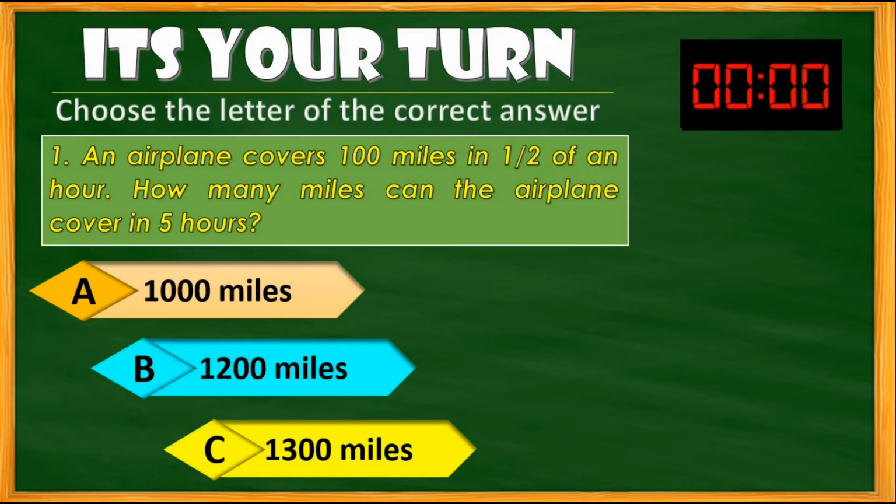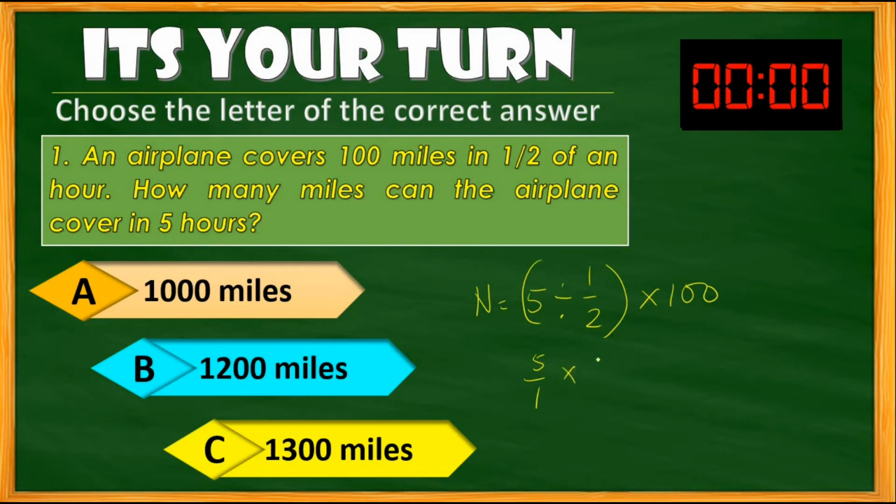Okay, time's up. Let's check your work. So let's solve. So this would be the number sentence: 5 divided by 1/2, close parenthesis, multiplied by 100. So make 5 as a whole number fraction.